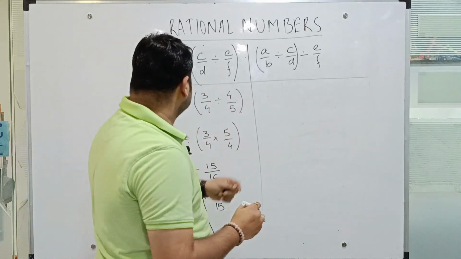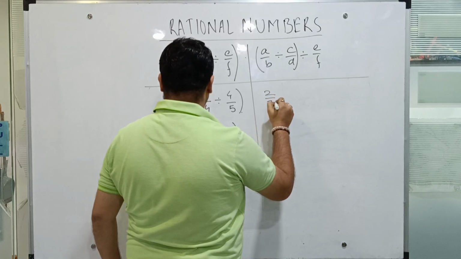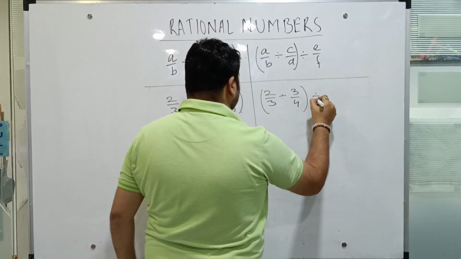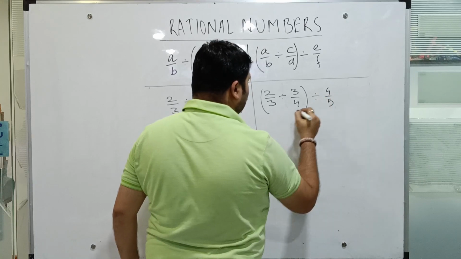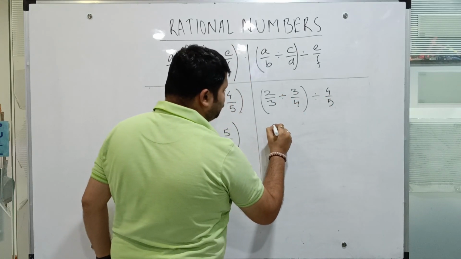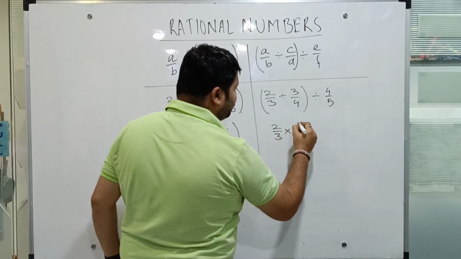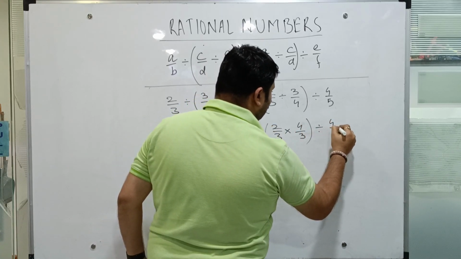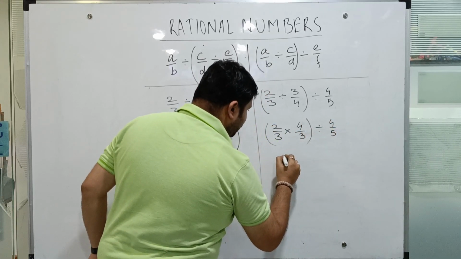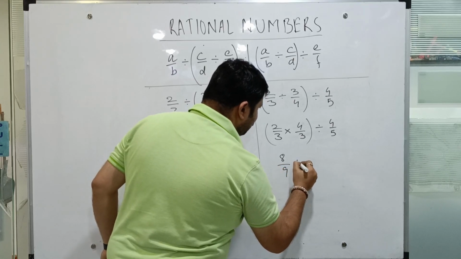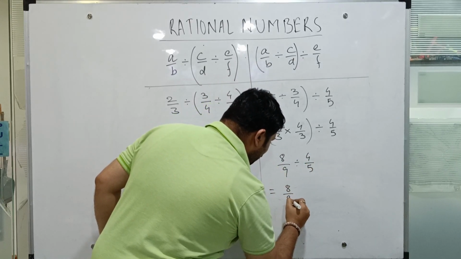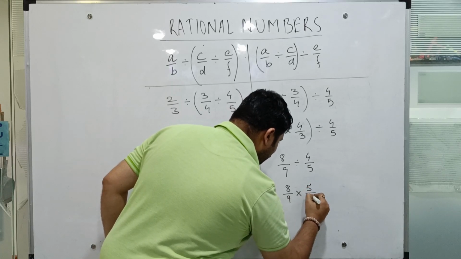What happens in this case? I have 2 upon 3 divided by 3 upon 4 divided by 4 upon 5. Since I'm grouping these first, it would be 2 upon 3 multiplied by 4 upon 3 divided by 4 upon 5. So it would be 8 upon 9 divided by 4 upon 5. So that would be 8 upon 9 multiplied by 5 upon 4.